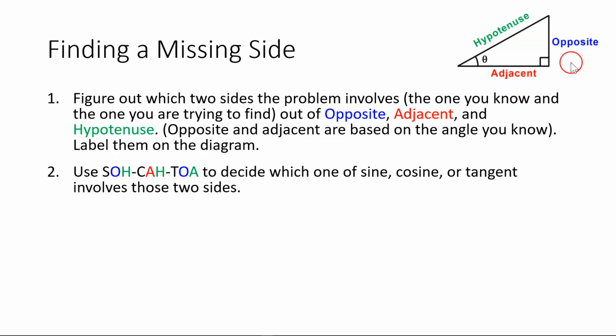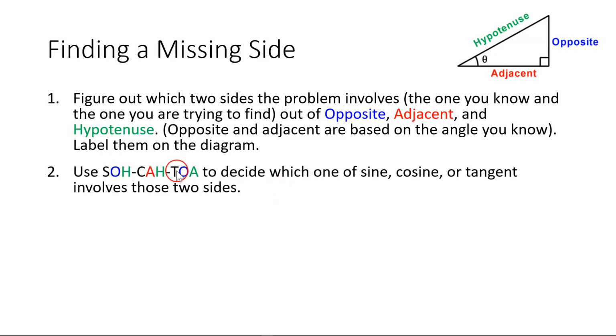And you'll figure out, well, which two do I have? Do I have opposite and hypotenuse? Do I have adjacent and hypotenuse? Or do I have opposite and adjacent? And you'll want to label those two on the diagram. And then you're going to want to use SOHCAHTOA to decide whether to use sine, cosine, or tangent.